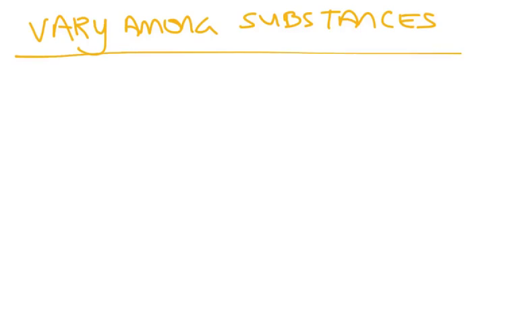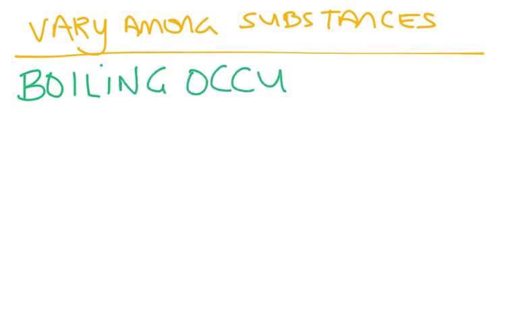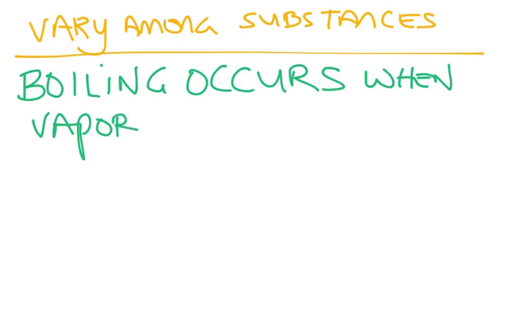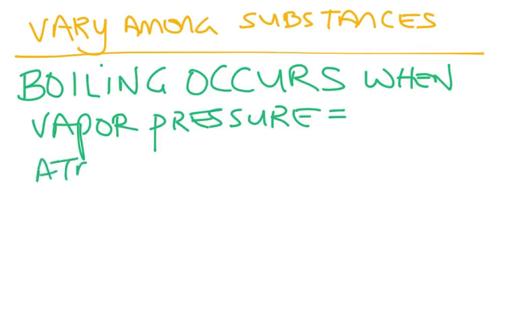The one thing, though, that we can consistently say, and this is huge in terms of this chapter, is that boiling is going to happen, okay? Things going from a liquid to a gas, when your vapor pressure, I'm going to write it out once, and then every other time I'm just going to write VP. Okay, so your vapor pressure is equal to your atmospheric pressure.